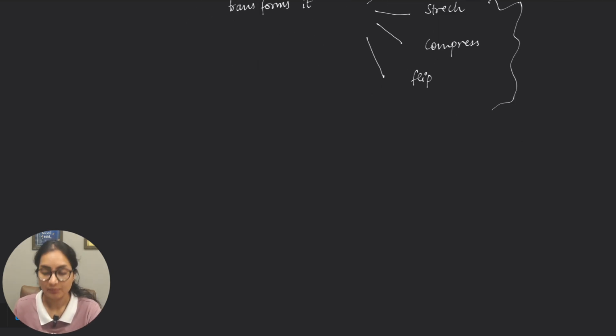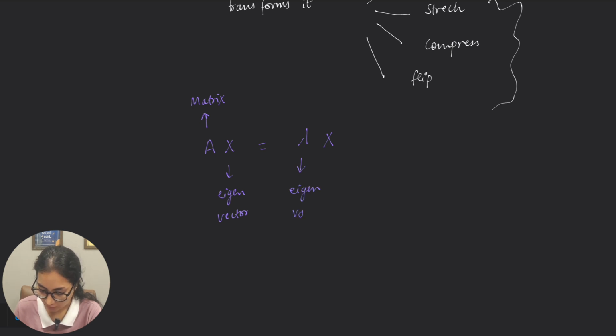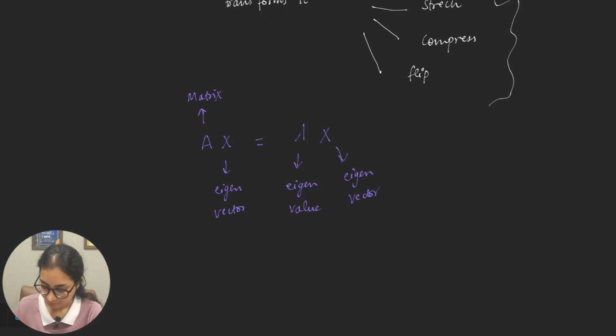Mathematically speaking, if a matrix A acts on a vector x, where x is my eigenvector, I get my eigenvector back with a number or a scale in front of it, and this is called the eigenvalue of that eigenvector. So the eigenvalue is unique to a particular eigenvector.